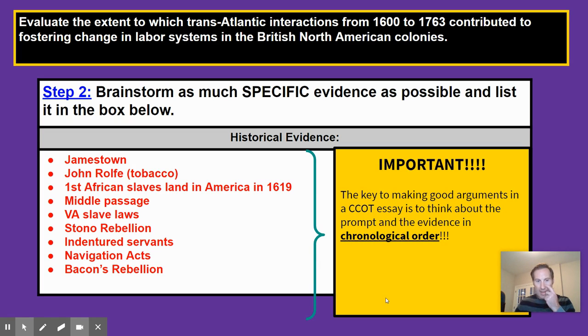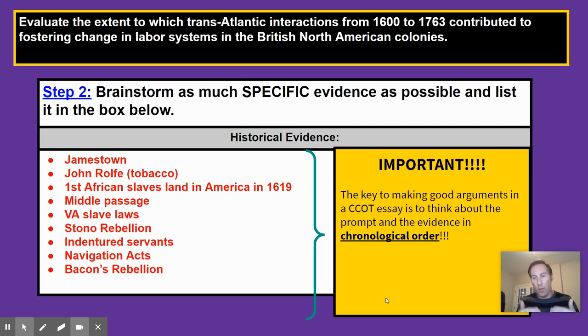Continuity and change over time is really relying on an understanding of chronological order. And this is so important, so key to being able to do this particular skill successfully. It's not enough just to say, okay, here are the things that happened between 1600 and 1763.